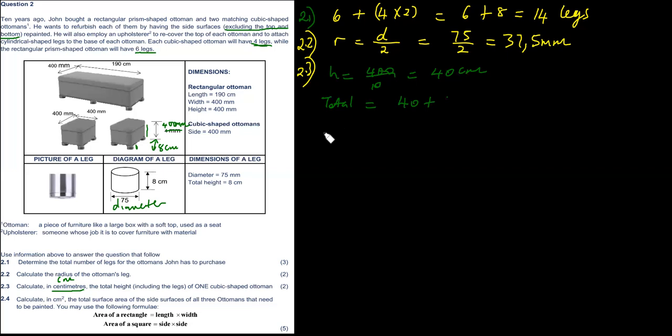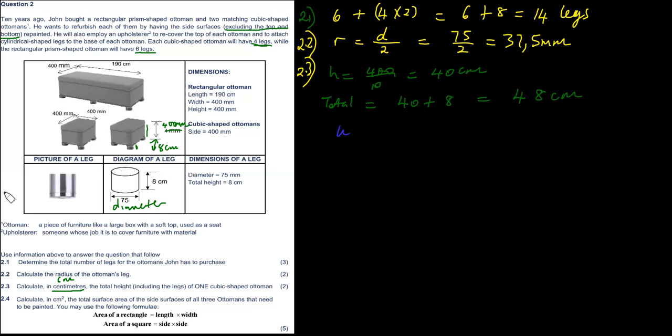Yes, 40 centimeters plus the height of the leg, which is 8 centimeters, which is going to give us 48 centimeters. Okay. So that's what we have there. So it's 48 centimeters.